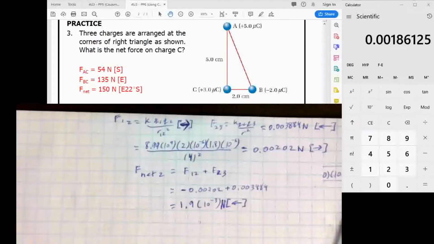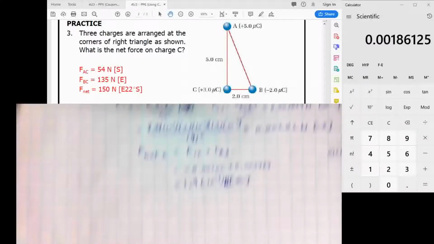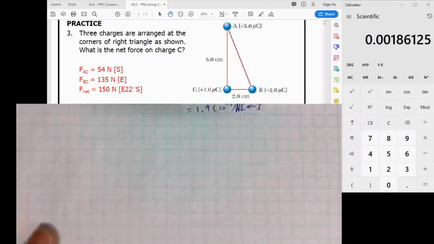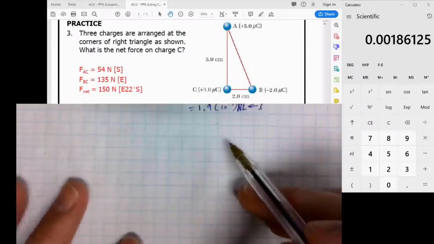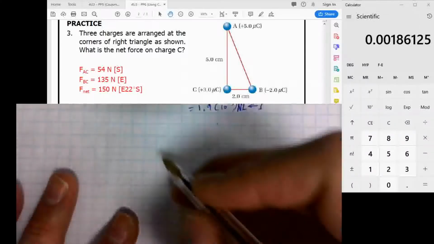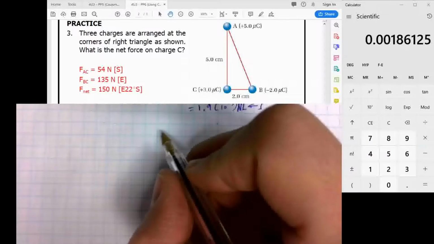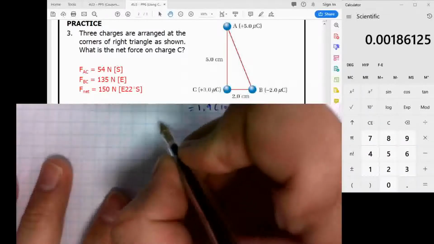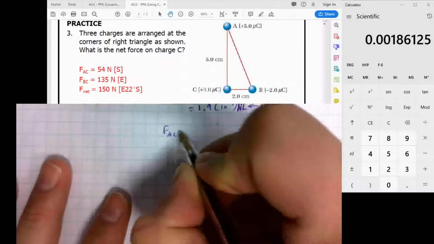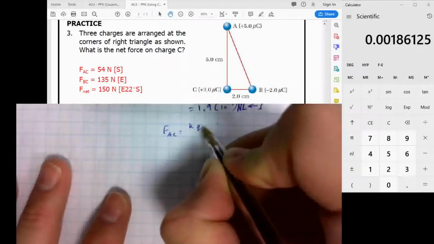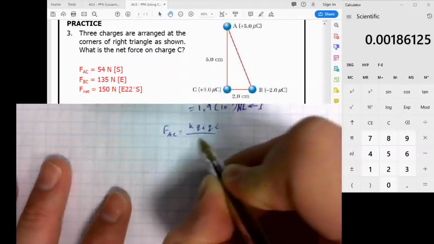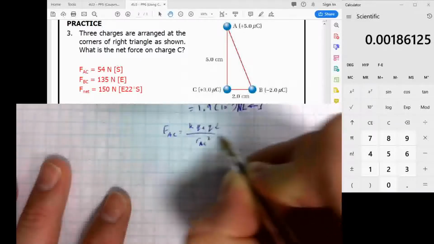So let's work on this, and what we can see here is that we'll have to find f of A on C and f of B on C. So f of A on C is K QA QC over RAC squared.